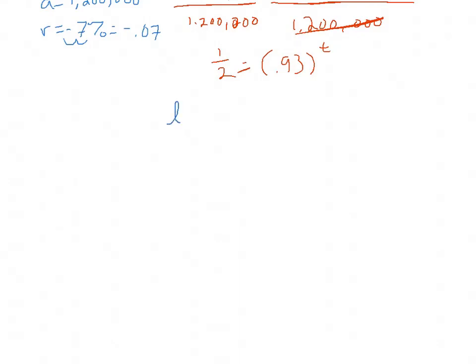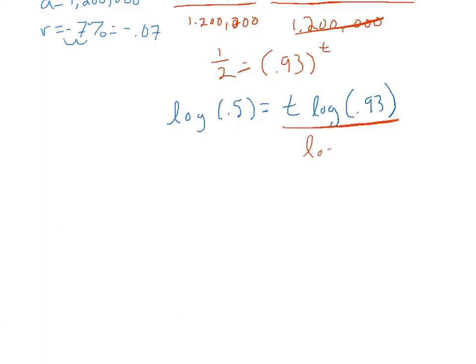So again, now it's simple. Take the logarithm of both sides. So log of 1/2, I'm going to put that as 0.5. And then I'm going to bring the t down. So I have t times the log of 0.93. And now all I need to do is divide by the log of 0.93 on both sides.